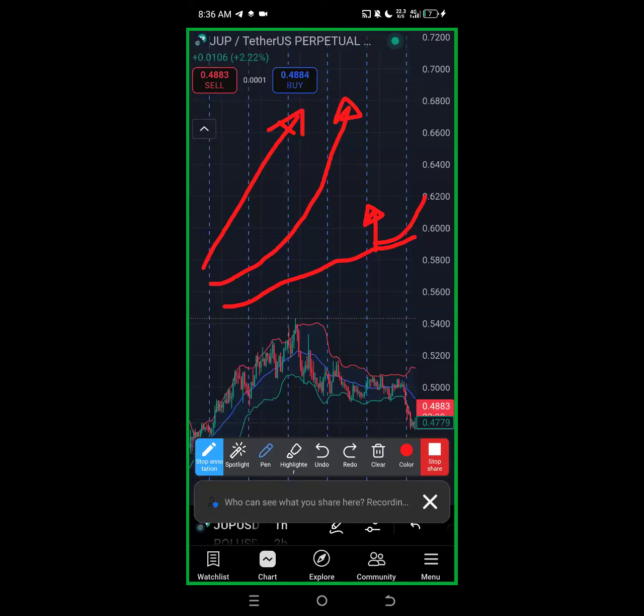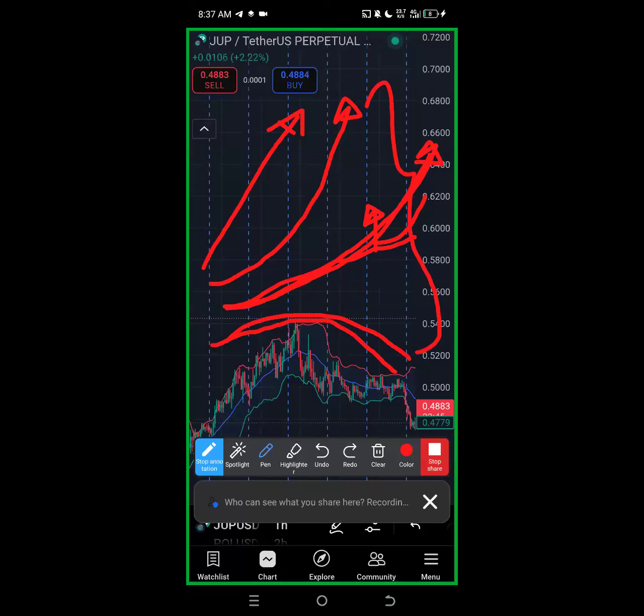If it is a strong uptrend, you're going to see the middle band bending towards the uptrend while trying to maintain its distance. Then the lower band will be bending a little bit away, causing this expansion or widening.